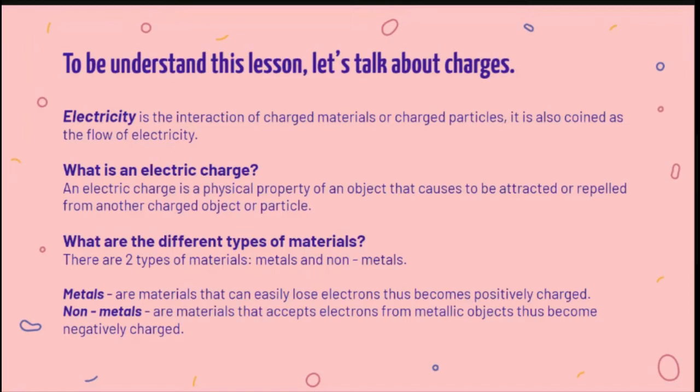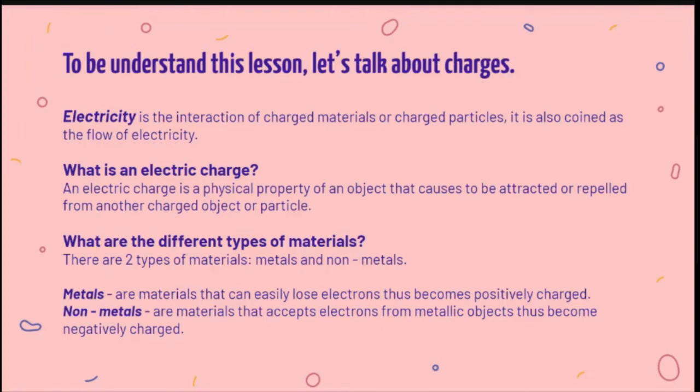In our lesson in chemistry, metals can be ionized and non-metals can be ionized also, in the form of a cation and an anion. So how do we form a cation and an anion? A cation is a positively charged ion and an anion is a negatively charged ion. So which among the two, metals and non-metals, has an equivalent of an ionized particle?